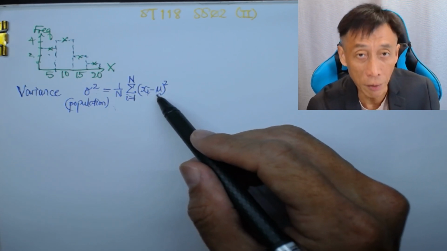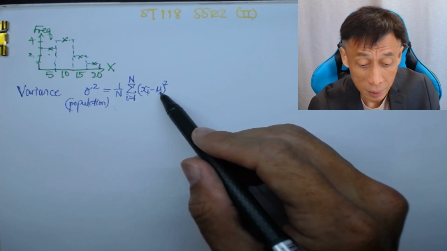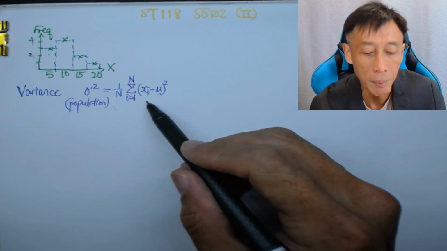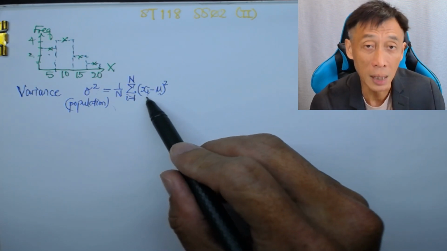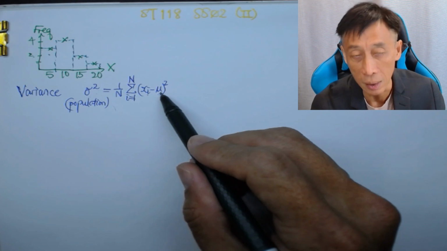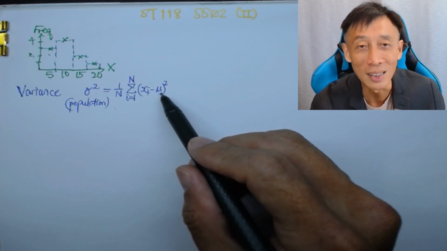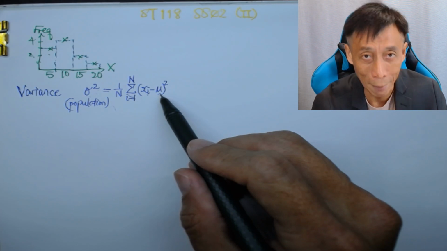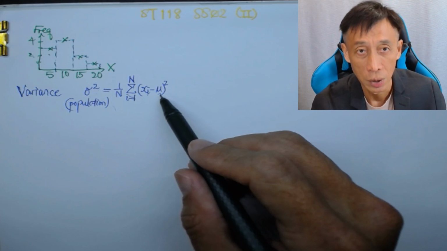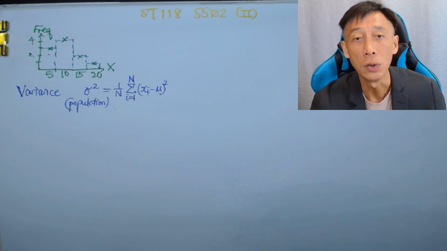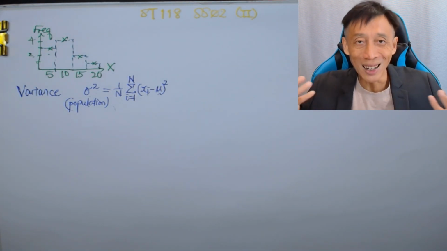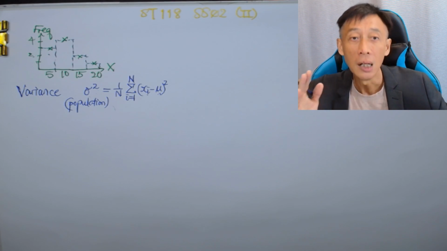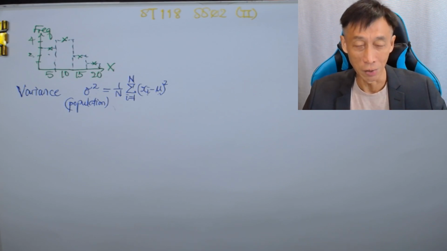And because mu is the center of gravity, there will be some data, not necessarily 50%, because it's not the median, that is less than mu, and some data that is larger than mu. They don't necessarily cancel out, and we don't want them to cancel out. We want to capture the difference, because the more spread out they are away from the mean, the larger the variance.